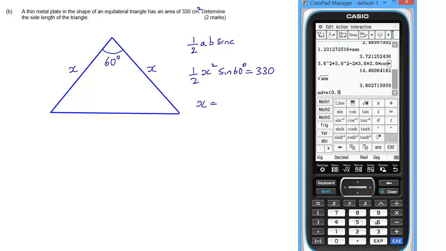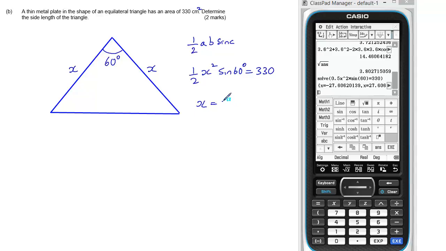So 0.5 x squared times the sine of 60, which I actually do know the sine of 60, so I could have just used my exact value, but I didn't. So equals 330, and it's got to be the positive one, so 27.61 centimeters, correct to 2 decimal places.